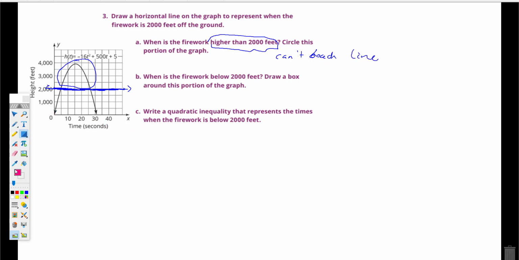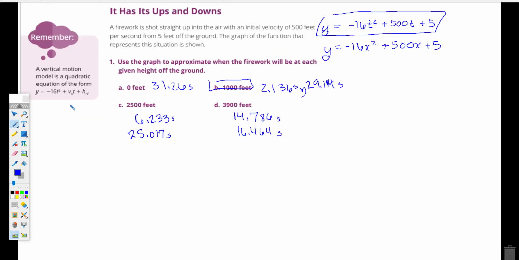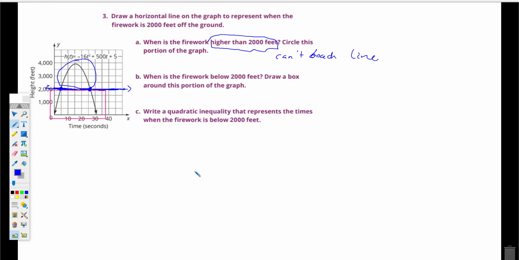And then it wants us to draw a box around when it's below 2,000 feet. And so all this time here, well, we have up to this point and up to this point, but we're not actually there. And so those 2 points were this, oops, I forgot we didn't graph 2,000. Let me get that one done real quick.